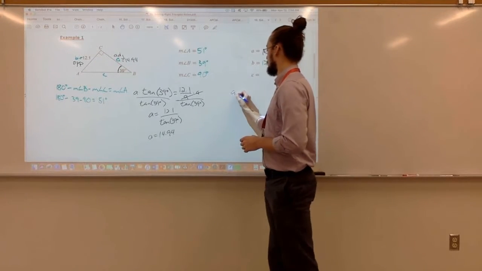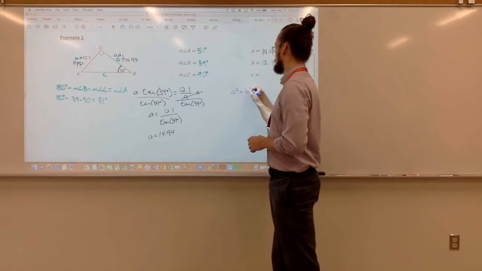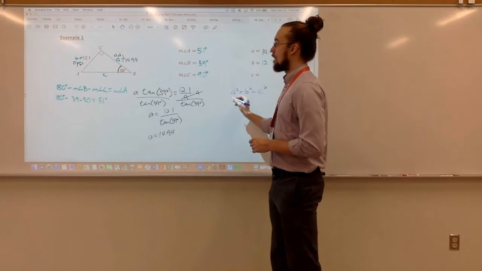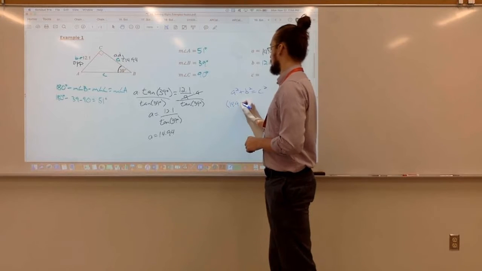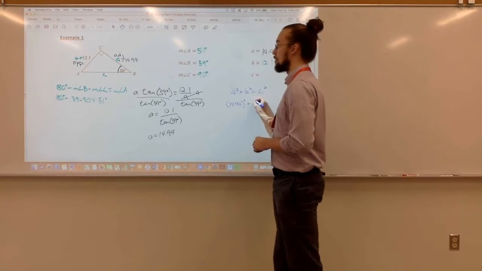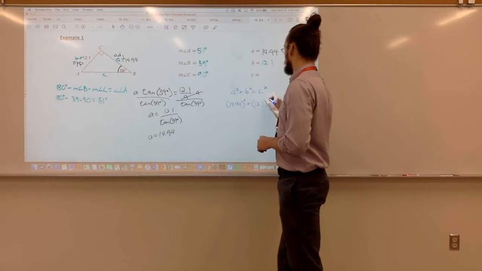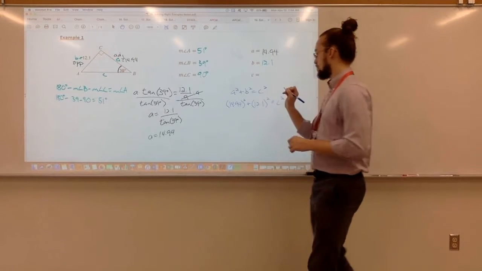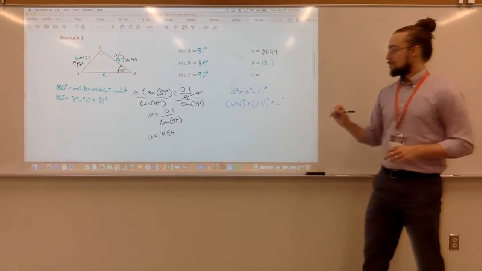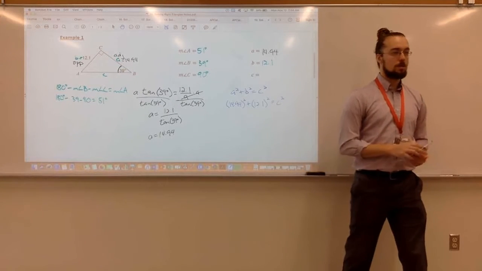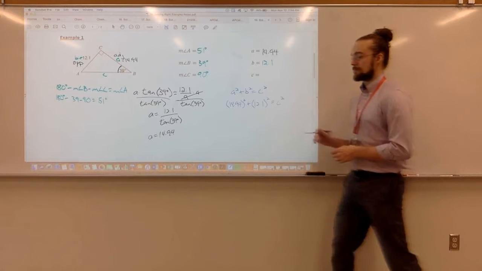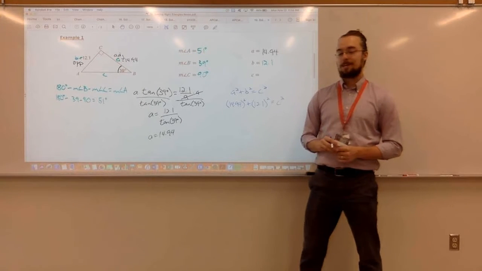If my Pythagorean theorem is a squared plus b squared equals c squared, I'm going to have a is 14.94, so 14.94 squared plus 12.1 squared equals c squared. So I'm going to need a little bit of help here. I don't know what those squared are. Let me help.